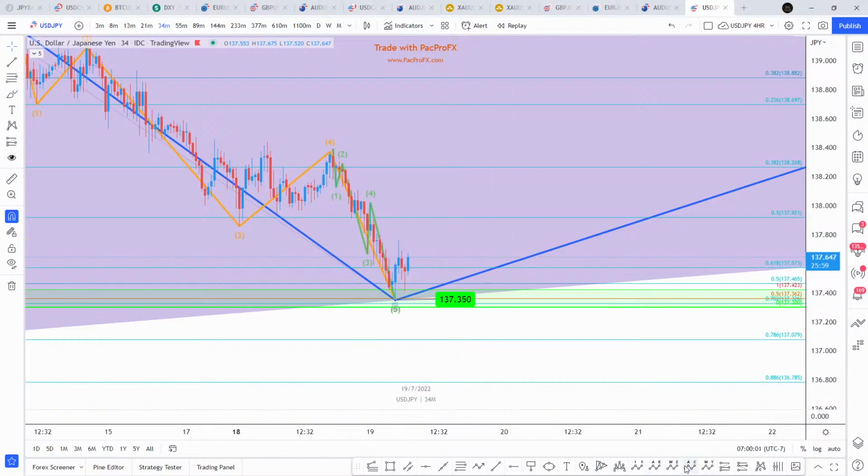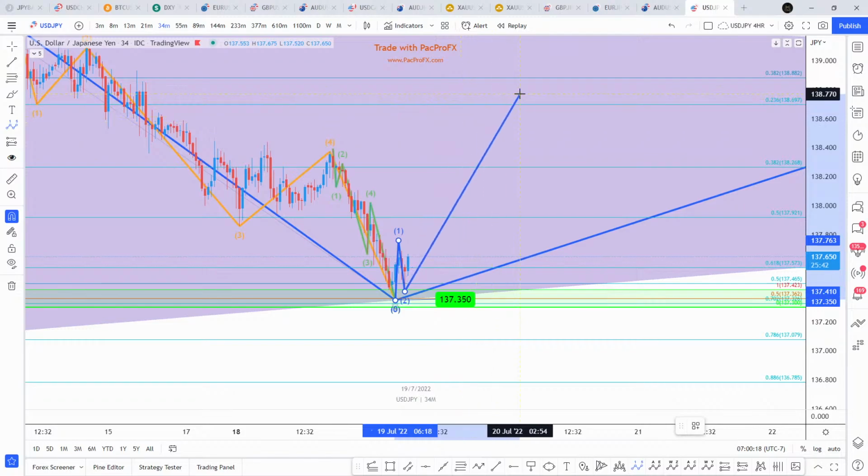We'll see how this correctional looks like. But right now it looks like it is already assuming a 5-wave pattern. Once it does that really quick, that 1-2 wave there, then we're looking at a larger waves up.